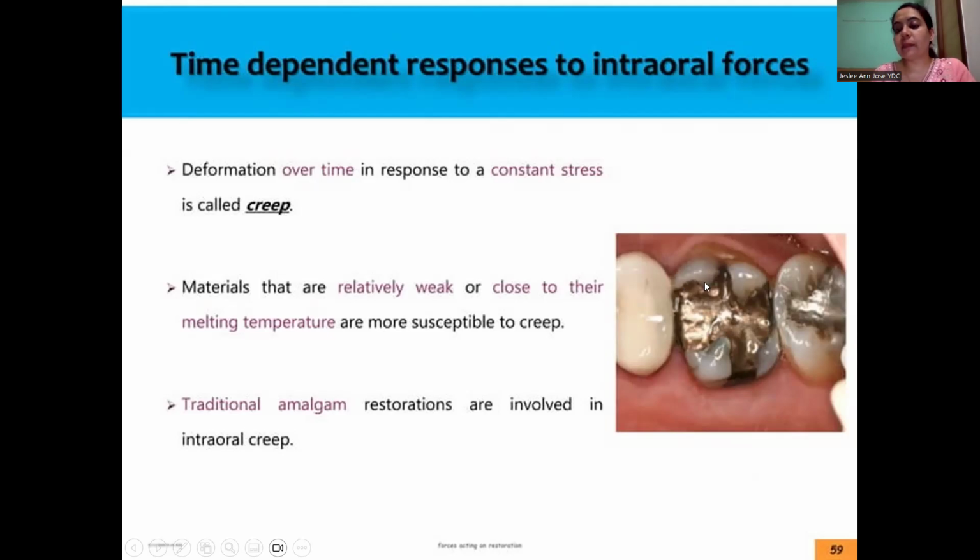The remaining tooth structure left is very little and you have a very large restorative material here. All around the cavo surface margins, you can see there is a discoloration. Why would this have occurred? It can be because of the deformation that has taken place within the restorative material over a period of time. There is micro leakage and seepage of oral fluids, which in turn gives you secondary caries or a discolored intact tooth.